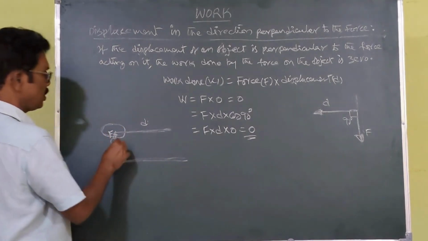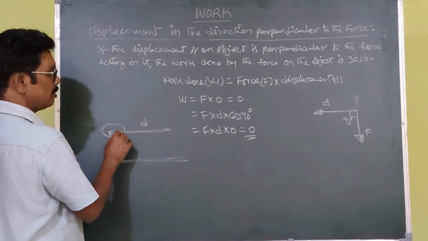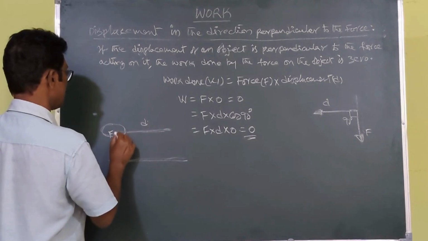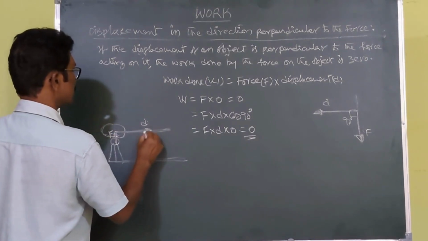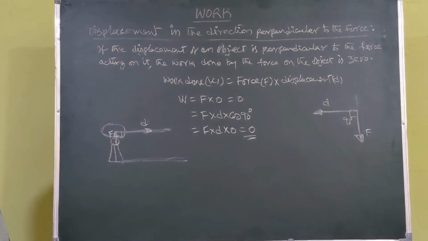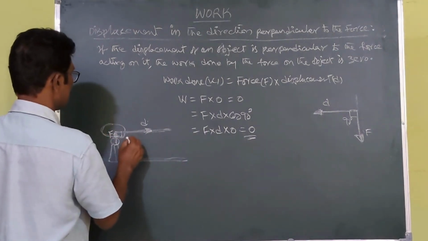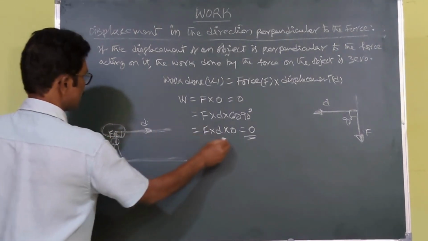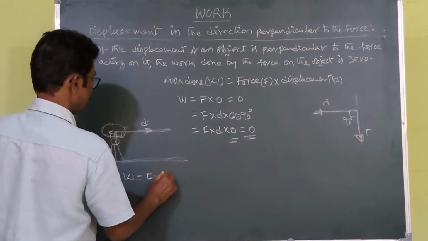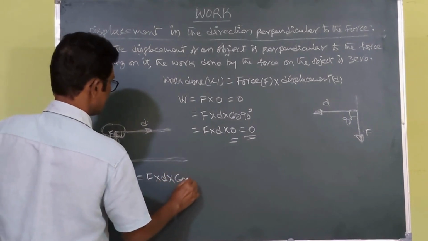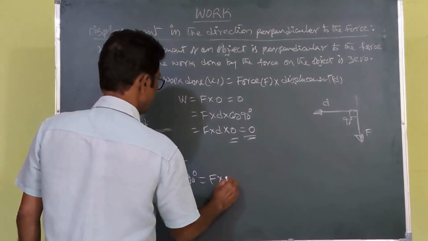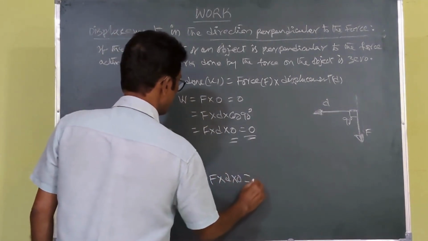We are not talking about the gravitational force, only the force exerted by the head. The force and displacement are perpendicular. So work done equals F into d into cos 90, which is F into d into 0, equal to 0.